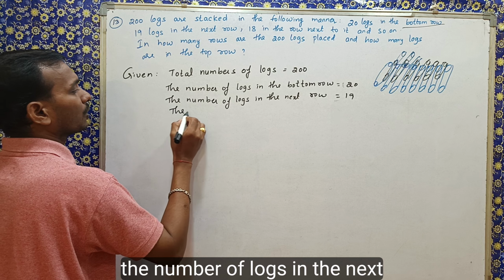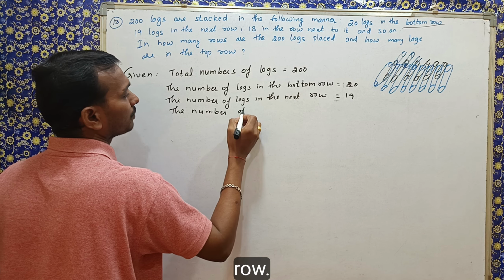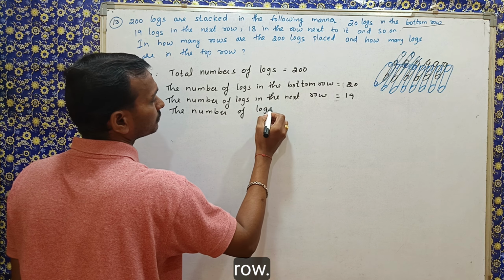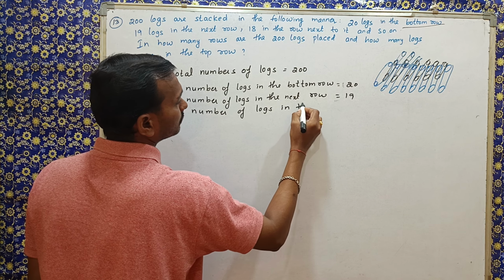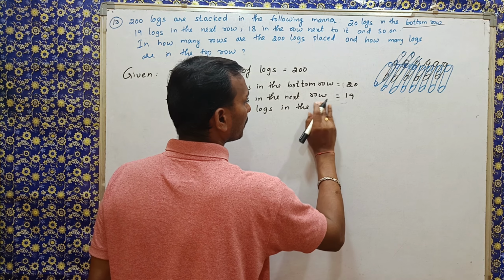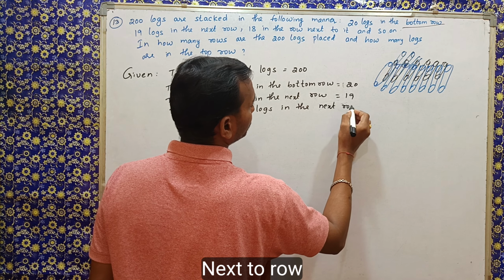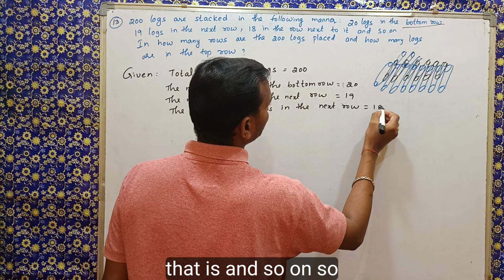Next, the number of logs in the next row, that is 18, and so on.